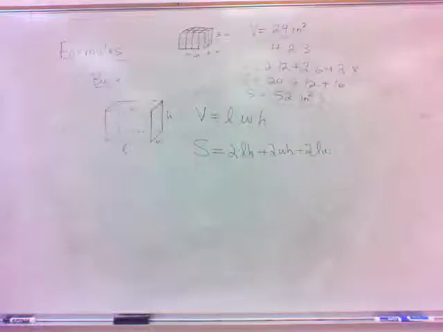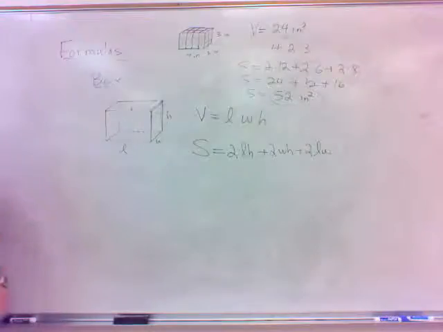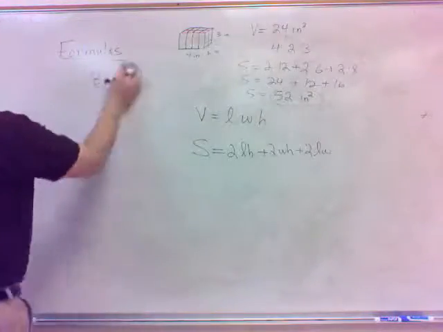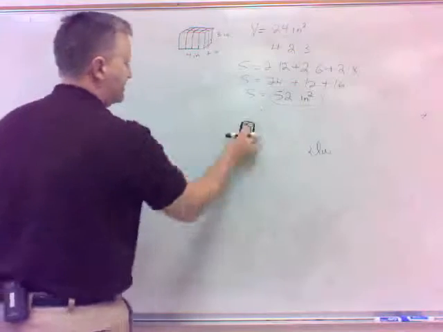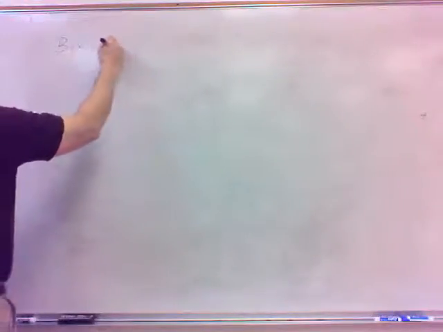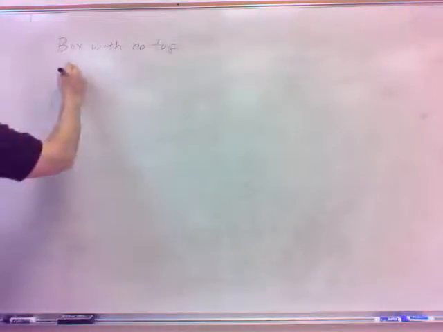So that's one example. Now, I do like to change it up a little bit. I like this problem for a box, and you could do this for a lot of these, but let me give you another example here. Let's say we had a box with no top, as shown here. I'll show you. So this box has no top on it.